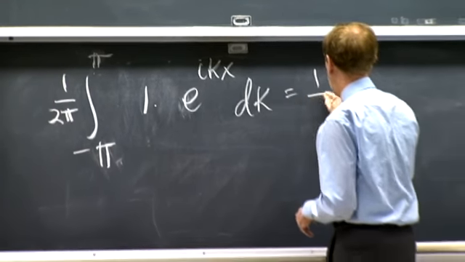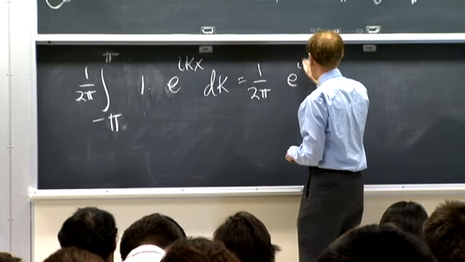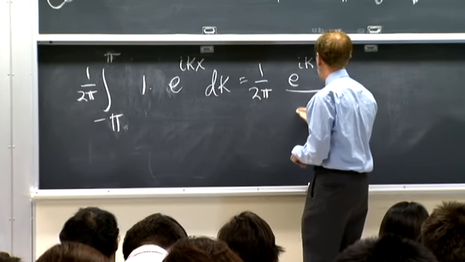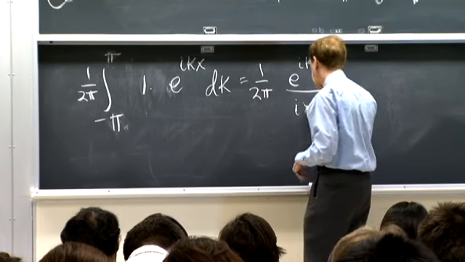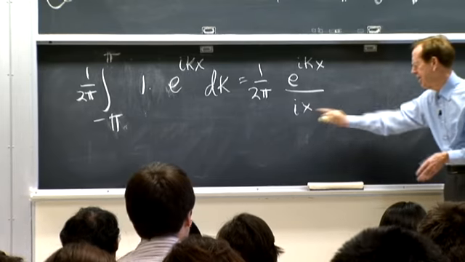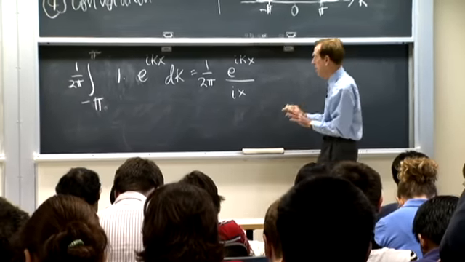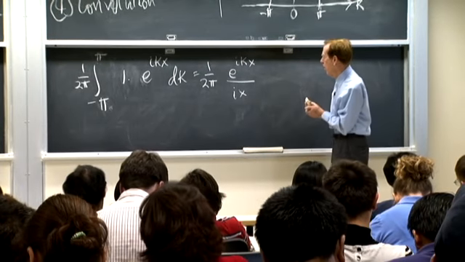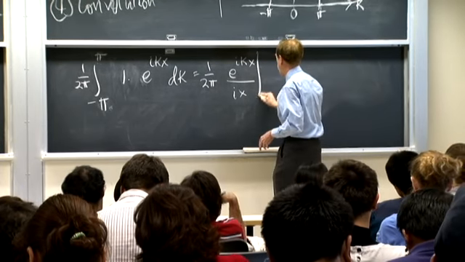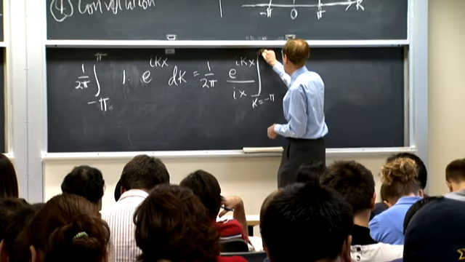So I have 1 over 2 pi. Integrating e to the ikx will give me e to the ikx over ix. Now remember, I'm integrating dk. Oh look, we're showing this x now in the denominator that we're hoping for. And now I have to do that between k equals minus pi and pi.